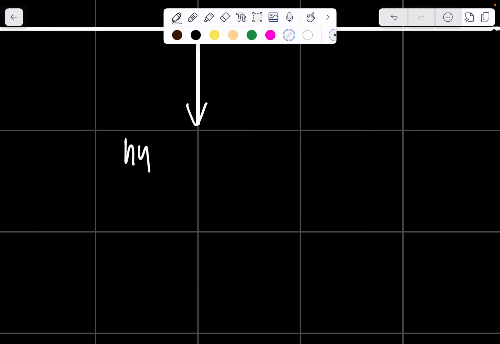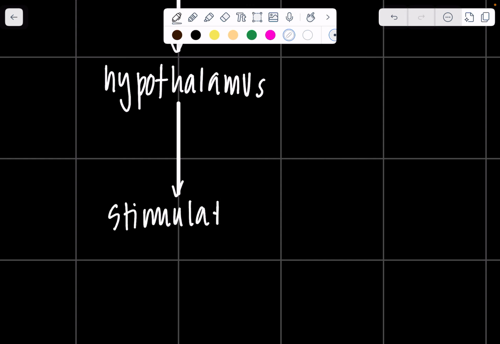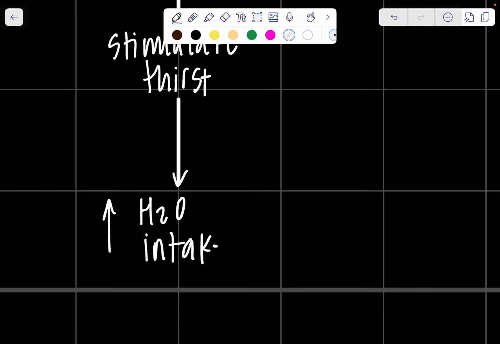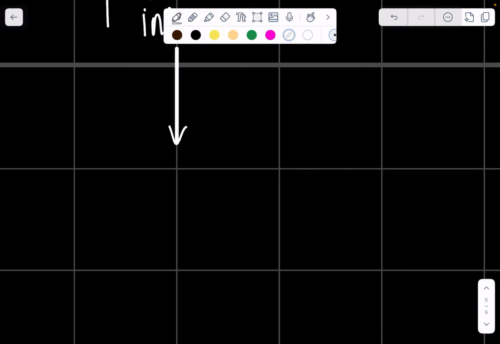The first one of those is in our brain, specifically in the hypothalamus. This one's pretty interesting. So the hypothalamus is going to stimulate thirst, okay? And so because we get thirsty, we're going to drink more water. We're going to up our water intake. And if we up our water intake, we will have to increase how much antidiuretic hormone we are secreting.